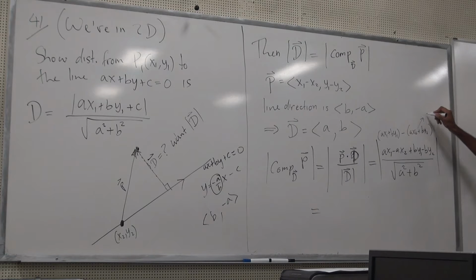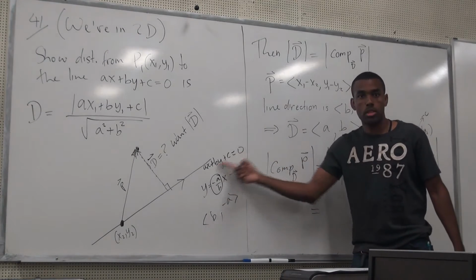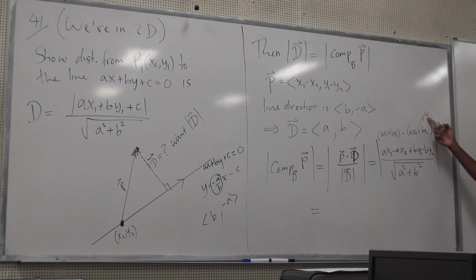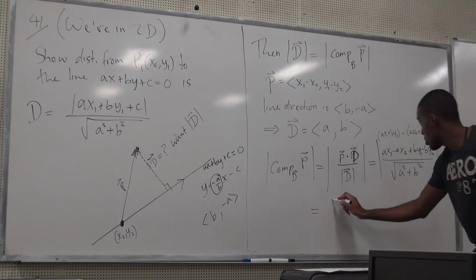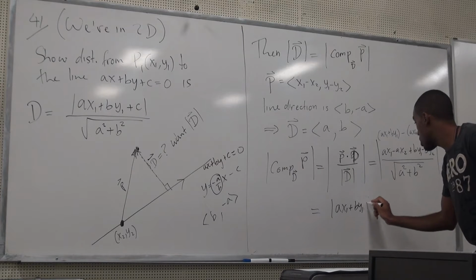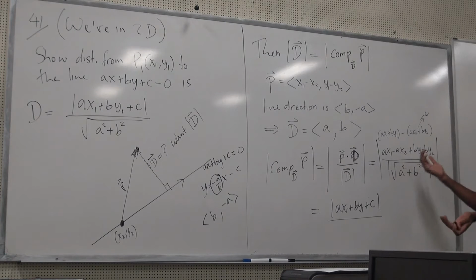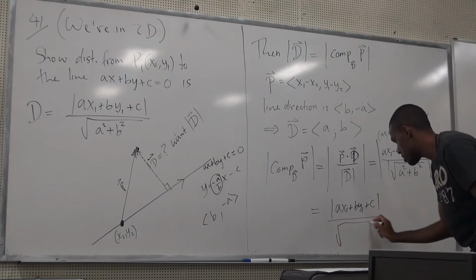And this I know must be equal to negative c, because it's on the line and it must fit this formula, right? So this is negative c, but I take a minus of negative c, which makes it plus c, and so this would be ax1 plus by1 plus c over the absolute value of this, which is just itself, right? So I can just write this.